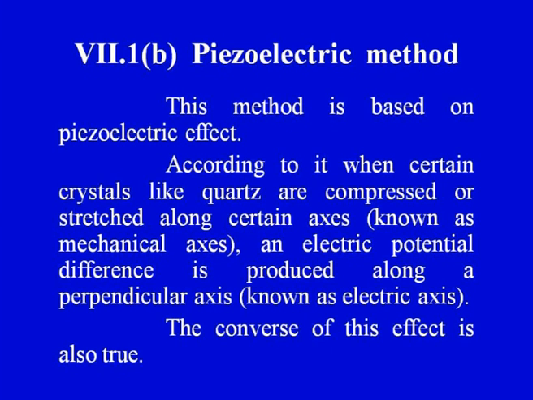According to the piezoelectric effect, when certain crystals like quartz are compressed or stretched along certain axes, these are known as mechanical axes, an electrical potential difference is produced along a perpendicular axis. These are known as electric axis. The converse of this effect is also true.